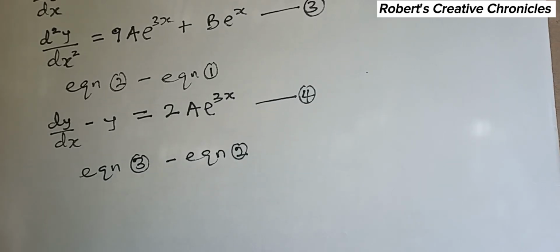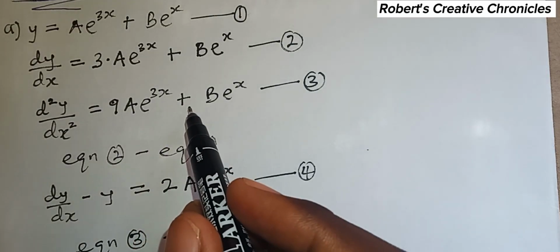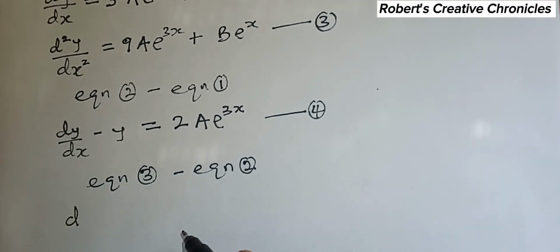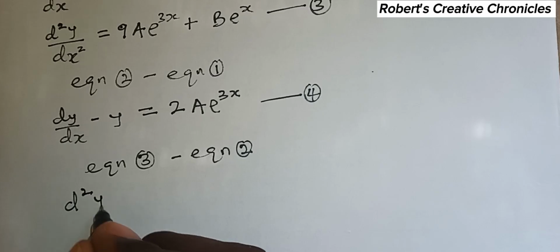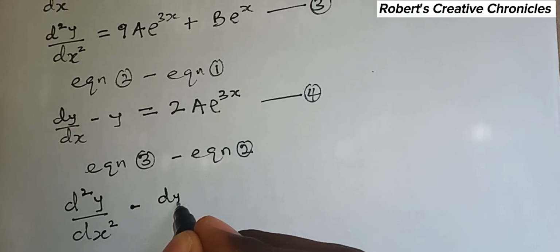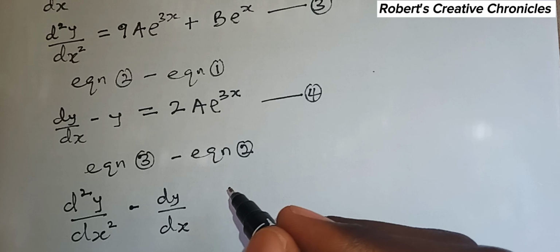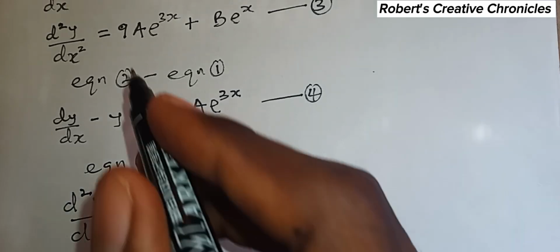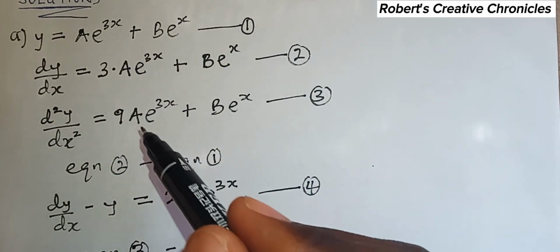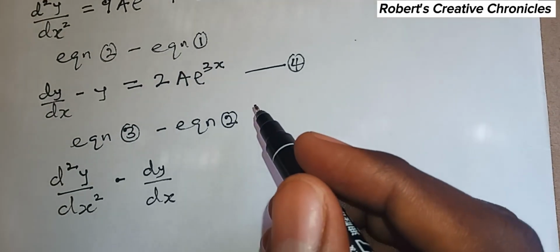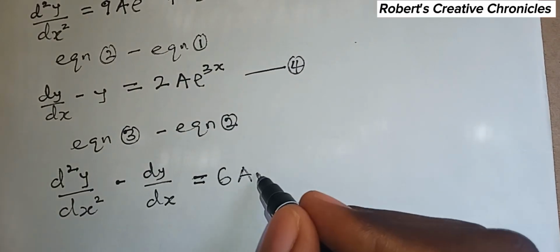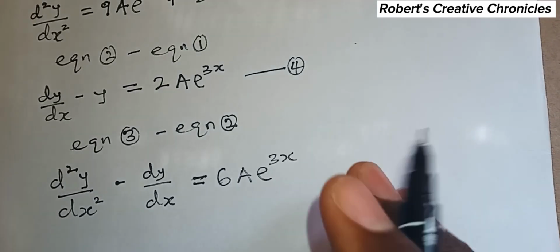Here is equation 3, so it will be this minus this: d squared y over dx squared minus dy over dx. Then 9 minus 3 is 6, 6A exponential 3x.